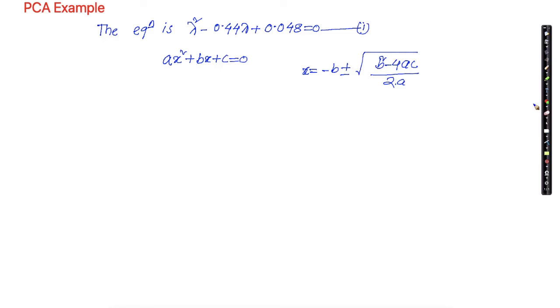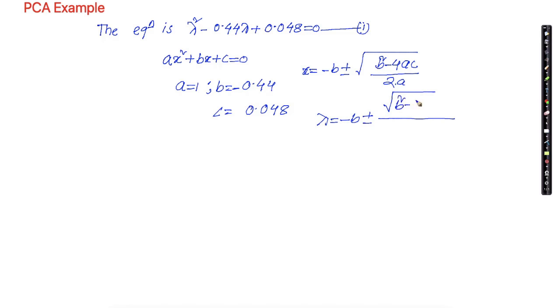In our case, a equals 1, b equals minus 0.44, and c equals 0.048. Putting these values in, lambda is computed as minus b plus or minus square root of b square minus 4ac divided by 2a.